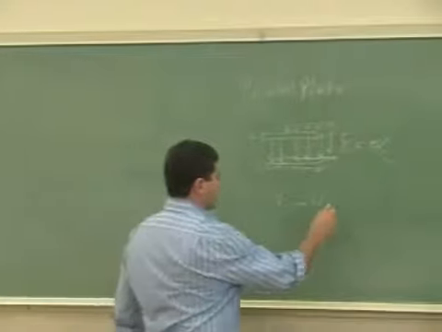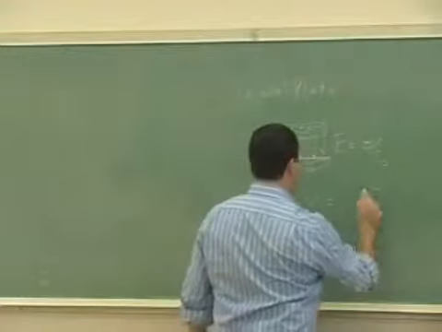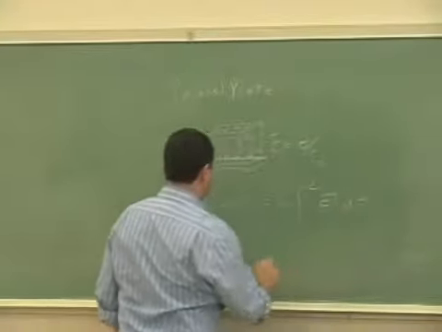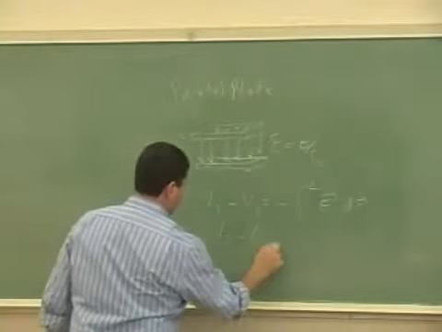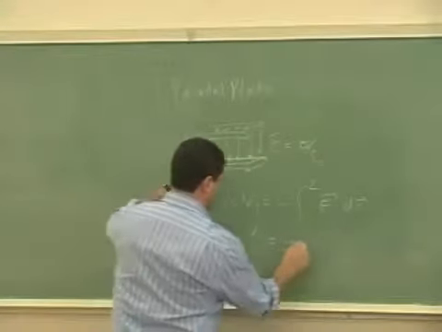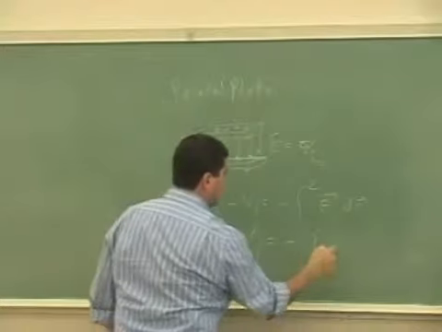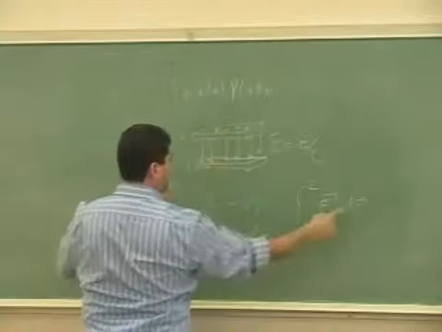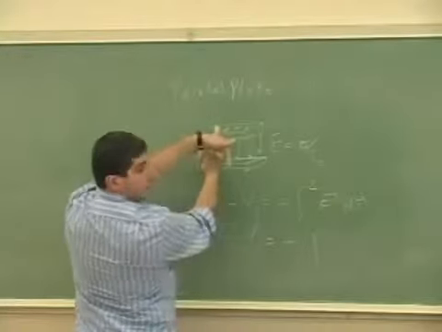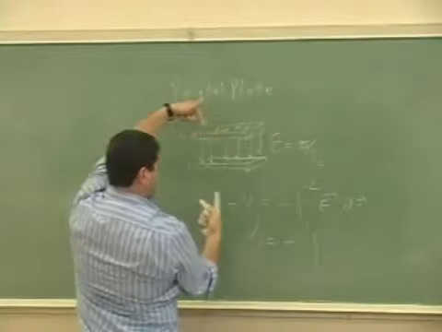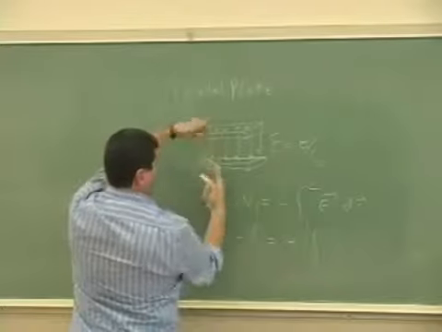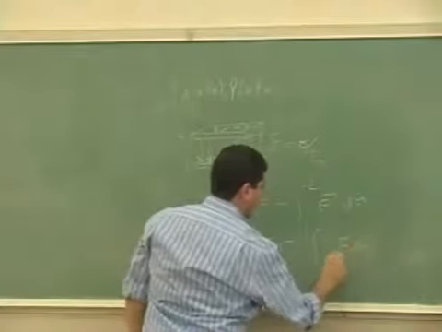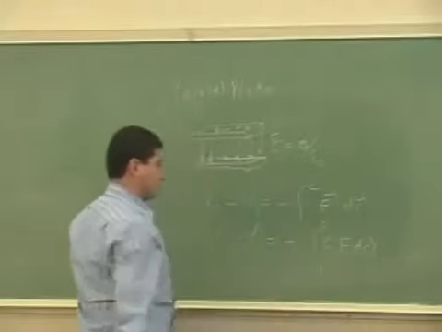So I'm going to integrate the E. Since I'm integrating this way, my dr and my E are opposite, so their dot product is going to be negative E dr from 1 to 2.